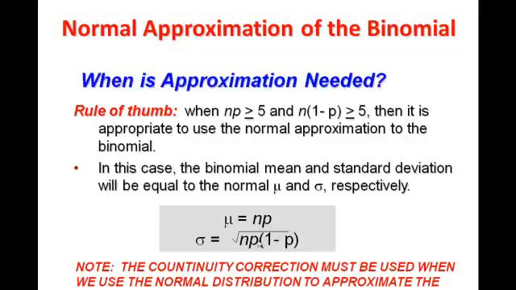If n times 1 minus p, which means the number of trials times the probability of failure, is greater than or equal to 5, if both of those values, n times p and n times 1 minus p, are greater than 5, then you must use the normal distribution to approximate the binomial. And that means, again, a continuity correction. So don't forget that.